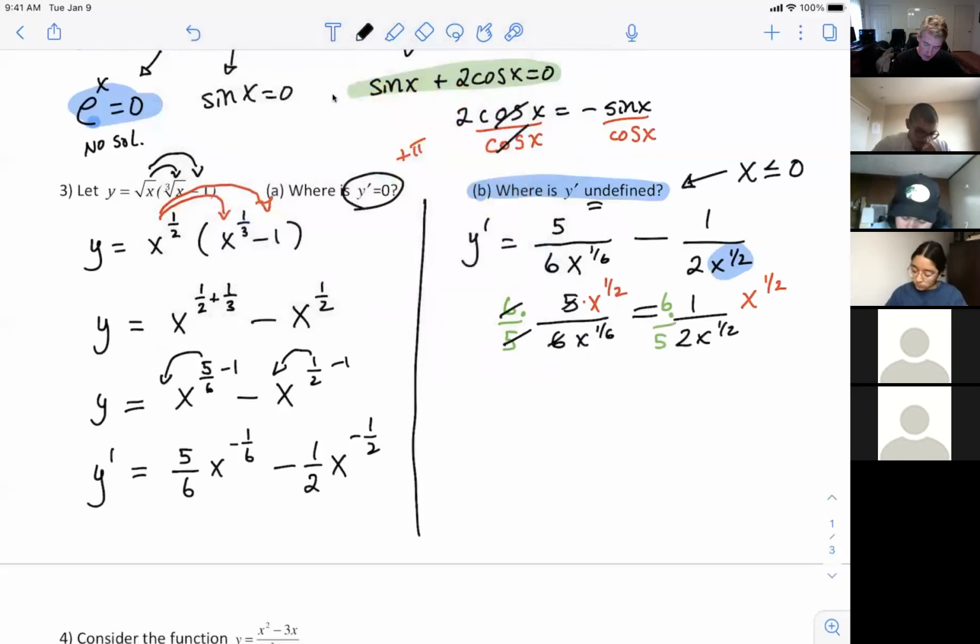So these numbers cancel. And then for the x part, since they're dividing, you need to subtract the exponents. So it's going to be x to the half minus a sixth. And on the right side, the red x to the half and the black x to the half are going to cancel each other out. And then this would be 6/10, or if you reduce it, it's 3/5.